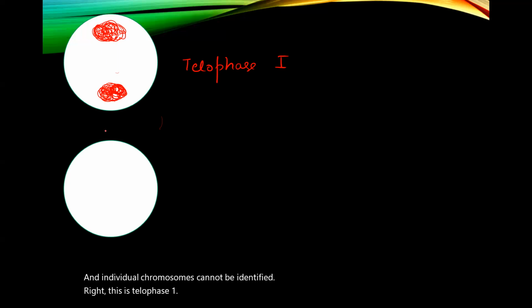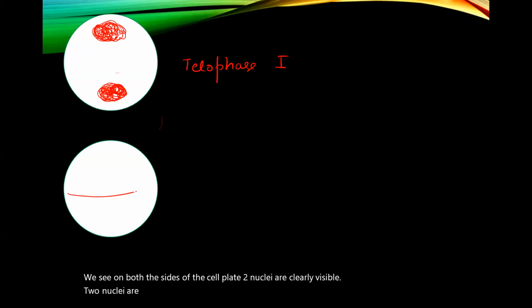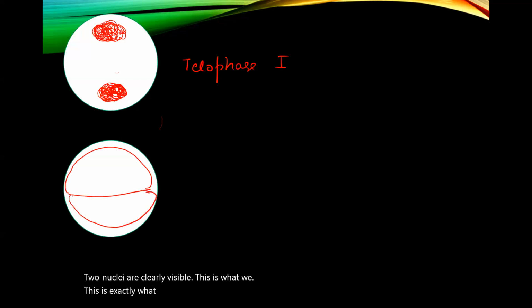Next, what do we have? Next, we move on to the meiotic 2 stages. So we'll start with prophase 2. Right? In prophase 2, what do we see? We see on both the sides of the cell plate, 2 nuclei are clearly visible. This is exactly what we see.